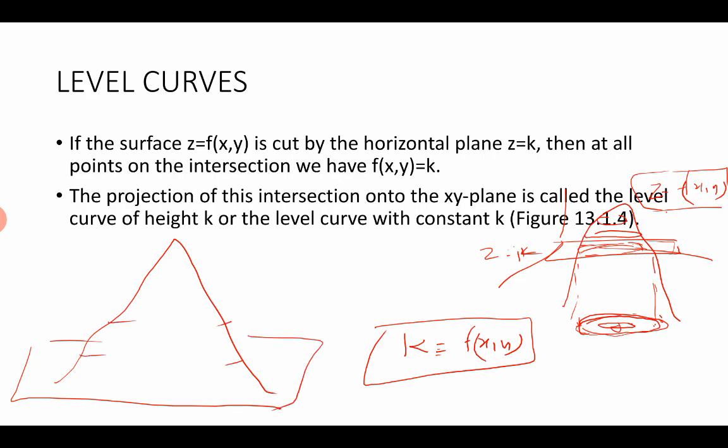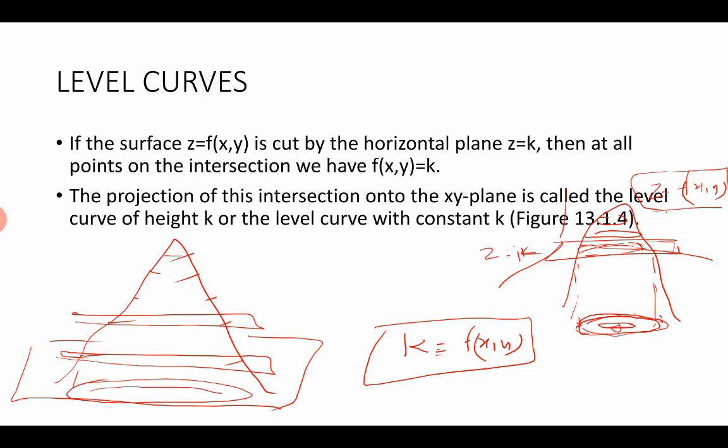This is the first level, second level, third level, fourth level, fifth level. When you intersect the surface here, you get the first curve; here, the second curve; here, the third curve. As you go to the top, the curves get smaller and smaller.